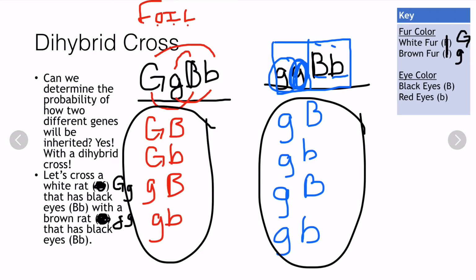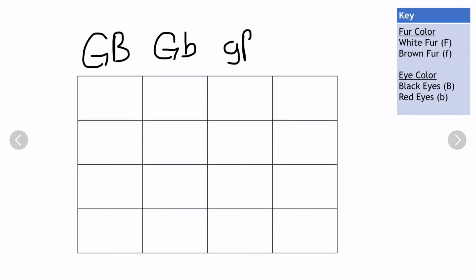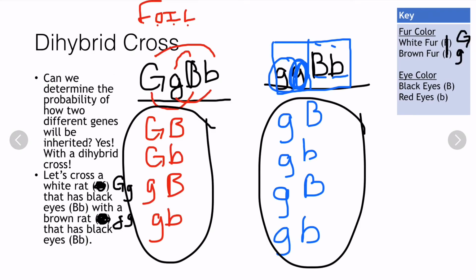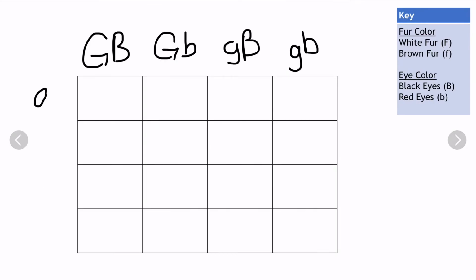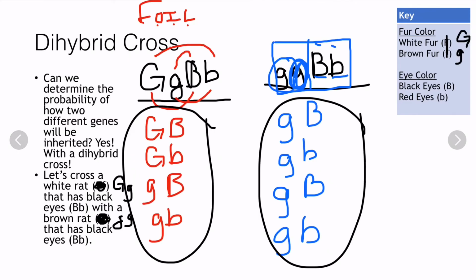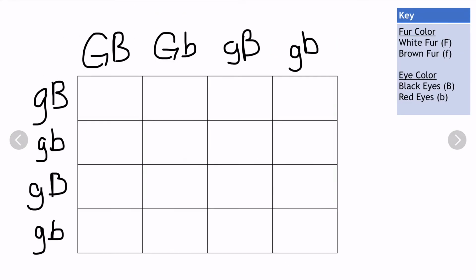I also had little g, big B, little g, little b, little g, big B, little g, little b. Okay, that's my first set of alleles. My second set of alleles would be little g, big B, little g, little b, and it's actually the same thing. If I'm correct, yes, I was correct.